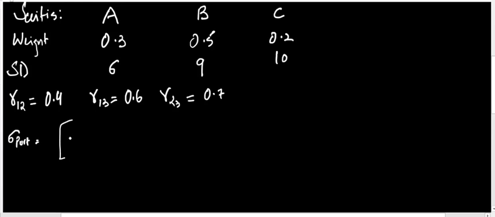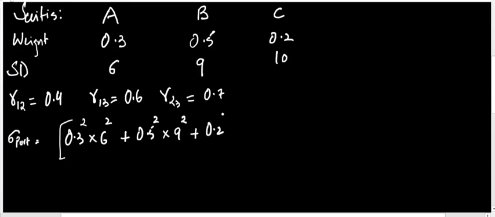Simply putting it, it is going to be equal to the weight of security 1, that is 0.3, squared, multiplied by the standard deviation of security 1 squared, plus weight of security 2, that is 0.5 squared, multiplied by the standard deviation of security 2 squared, plus weight of security 3 squared multiplied by standard deviation of security 3 squared, plus 2 times the weight of security 1 into the weight of security 2, that is 0.5.